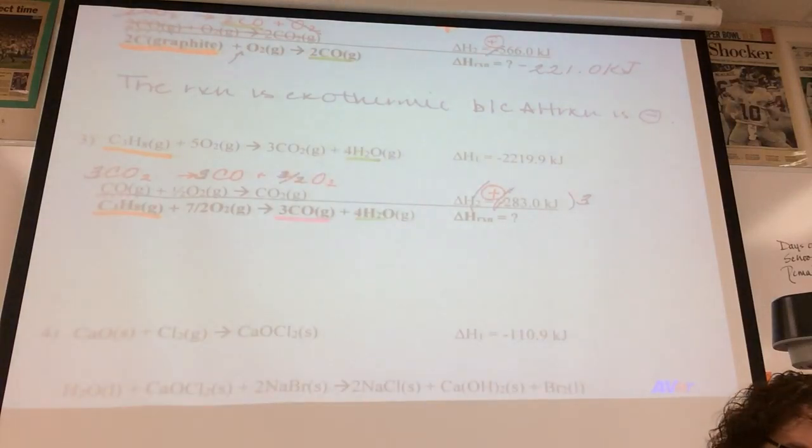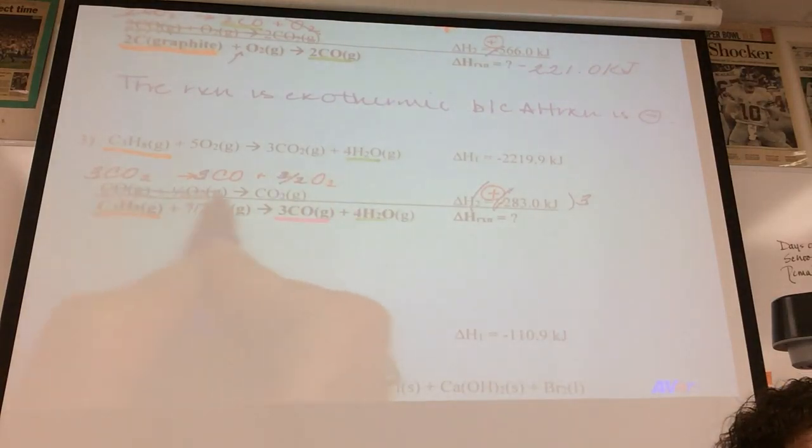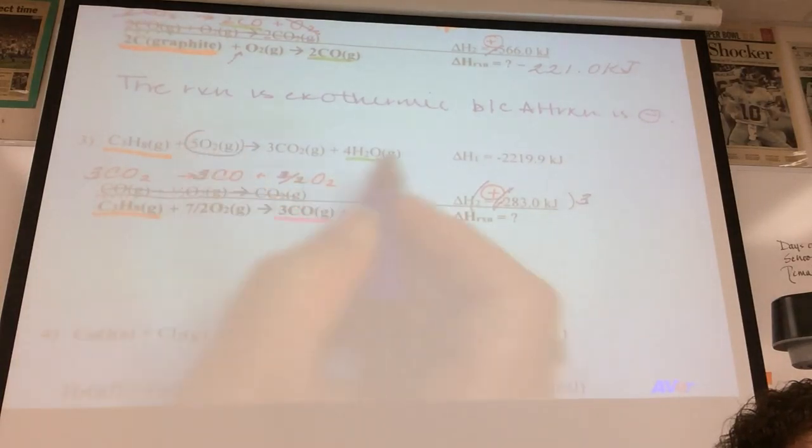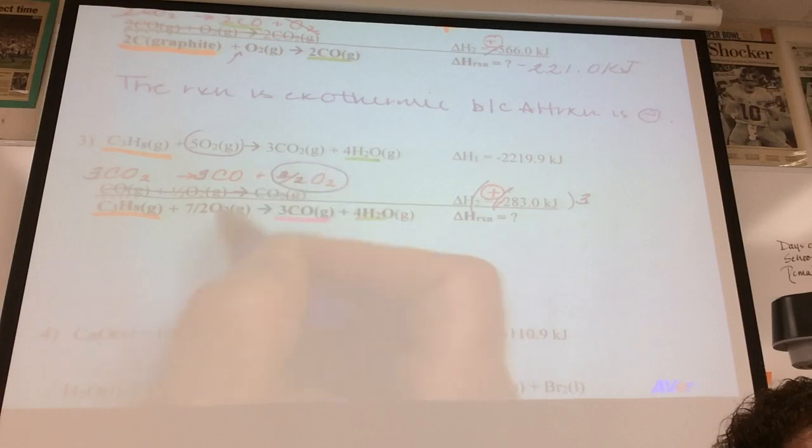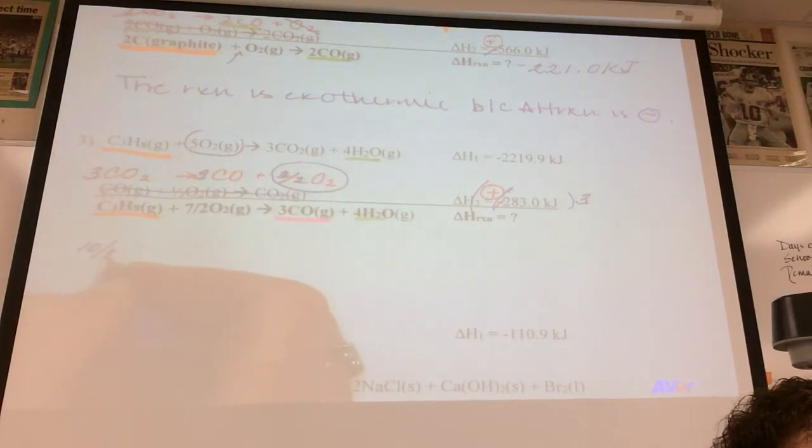Let's see if we can figure out what's going on with our crazy oxygens. We have 5 O2 here and 3 halves O2 here. 5 is the same as 10 halves. This is on the right side, so we will subtract to get 7 halves.